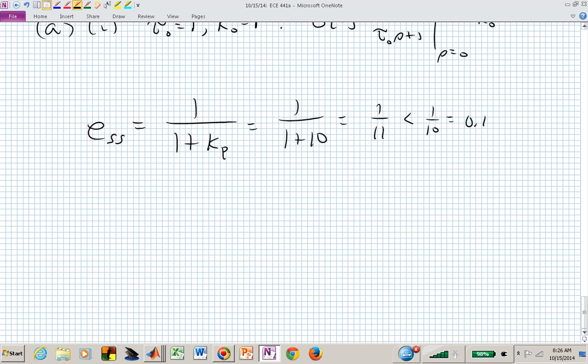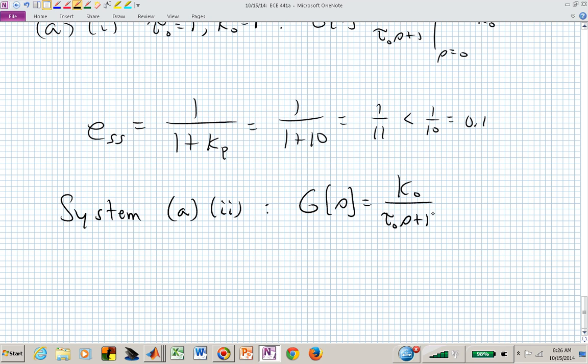Let's look at system A-prime, which was G of s equaling k naught over tau naught s plus 1, with tau naught equal to 1/10 and k naught equal to 1.